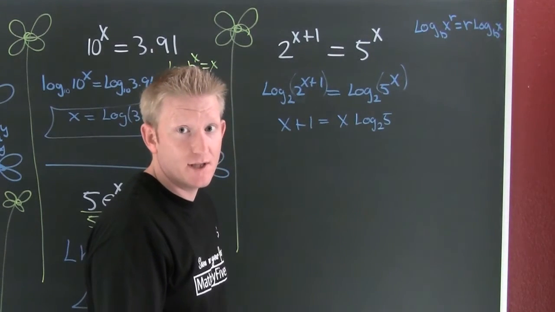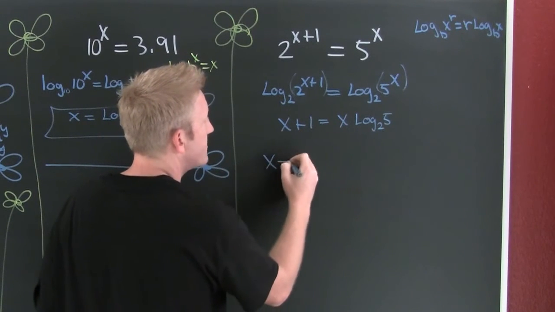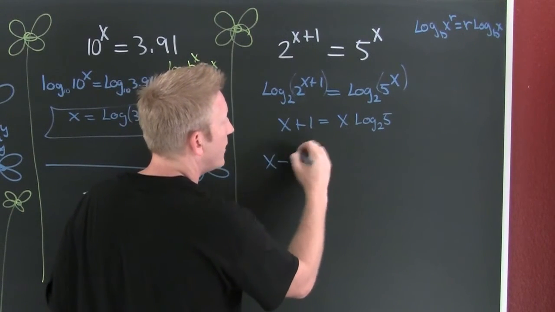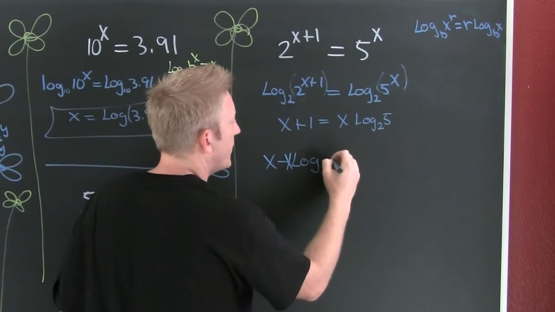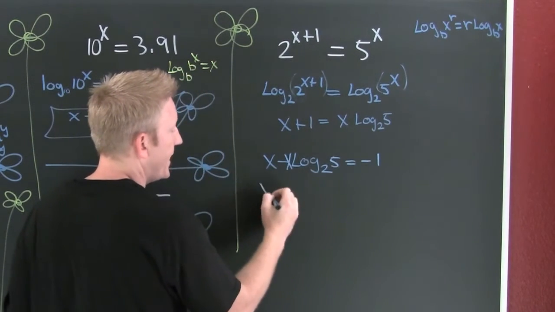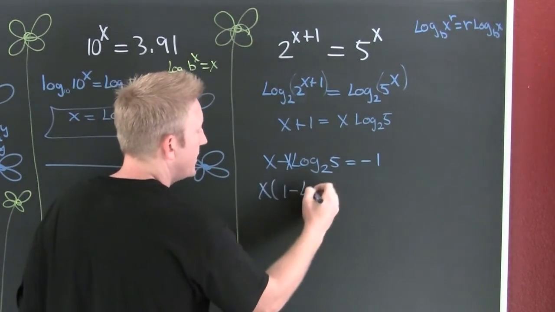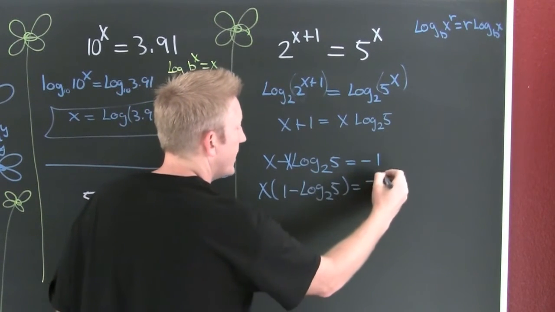Want them on one side. Which side? Don't care. Left-siders. x minus x log base 2 of 5 is going to be equal to minus 1. Factor that x out, and you're left with 1 minus log base 2 of 5. That's going to equal minus 1.